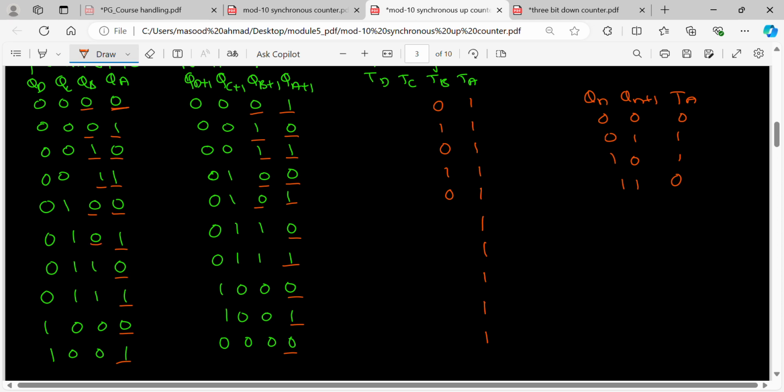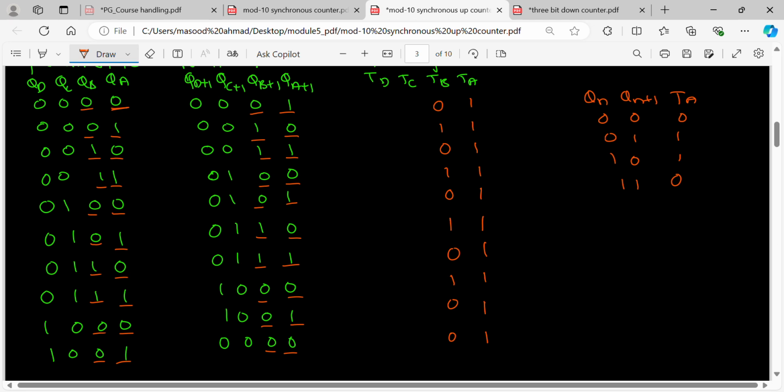Next 0, 1, what exactly? 1. Okay, from the excitation table, next 1, 1, 0, 1, 0, 1, 0, 0, 0, 0. Next what exactly are we getting? 0, 0 is 0. Then 0, 0 is 0. Is that fine?